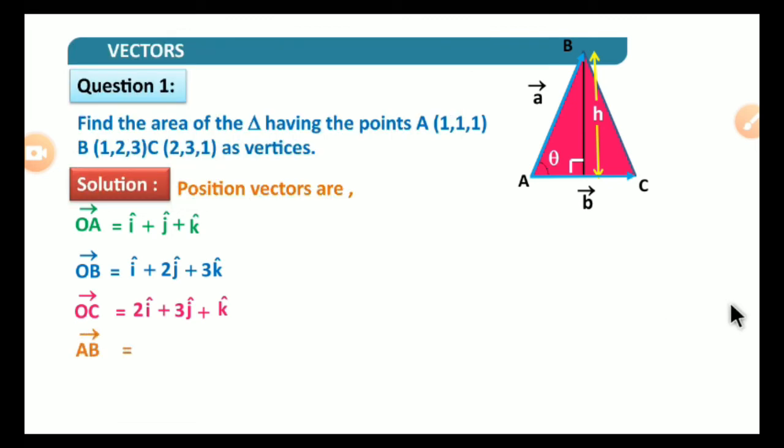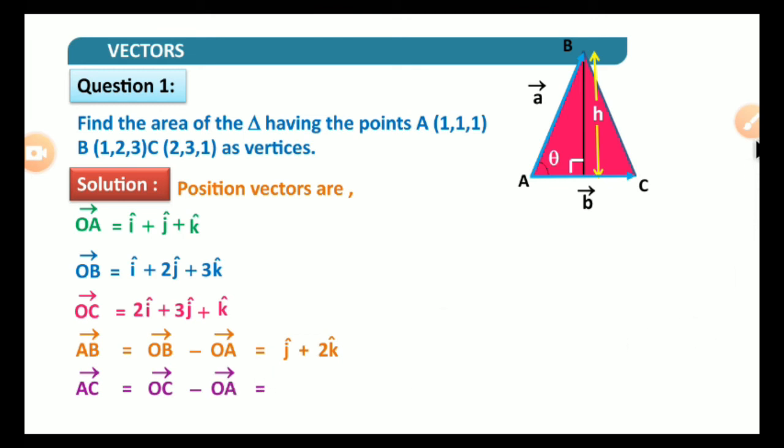Now AB is OB minus OA, because AB is always equal to OB minus OA. Subtracting, i minus i is 0, 2j minus j is j, 3k minus k is 2k. Therefore, AB is j plus 2k.